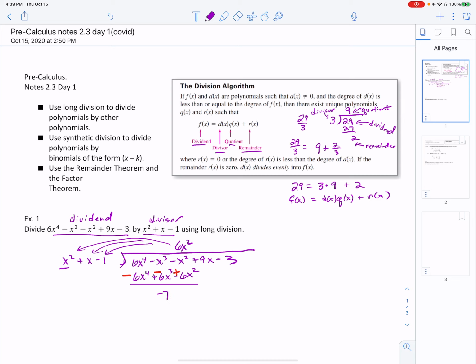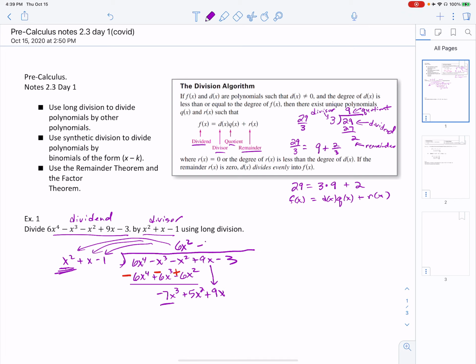And then I get a minus 7x cubed. A minus x plus 6 is plus 5x squared. Then bring down that next term and start the process all over. I want to match this x squared with this minus 7x cubed. I want to think, what do I need to multiply x squared by to make it a minus 7x cubed?